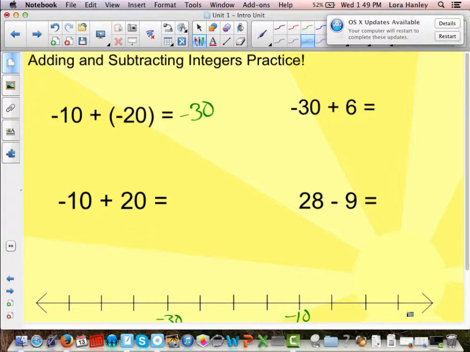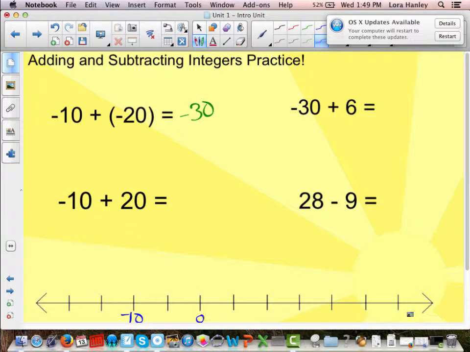Alright. Next, we want to look at what happens if you have one positive number and one negative number. Well, -10 plus 20, that's going to be different than -10 plus -20. In this scenario, we're going to be starting at -10, and we're adding positive 20, so we're going in the positive direction.